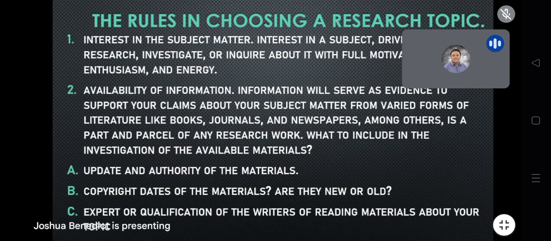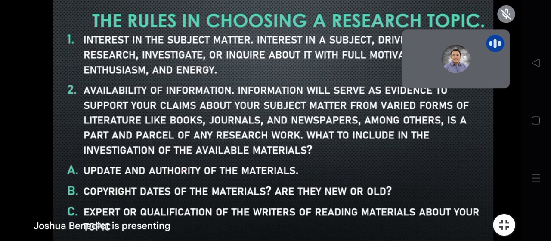Now, also, in choosing a research topic, you must make sure that the authors are experts or they are qualified in writing the reading materials about your topic. Would you believe an article published by a pilot about effective ways in administering medication?